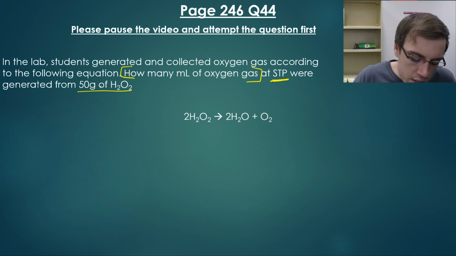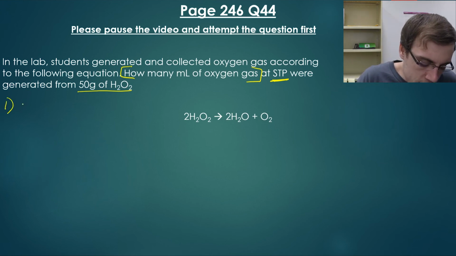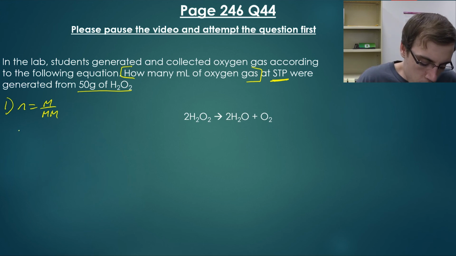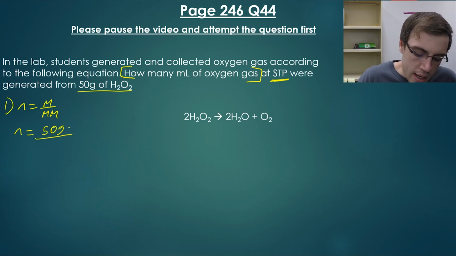So our first step is moles is equal to mass over molar mass. Remember that you'll be given a periodic table in all of your examinations. So moles is equal to mass, which is 50 grams, divided by the molar mass, which is 16 times 2 plus 2, which is 34 grams per mole.